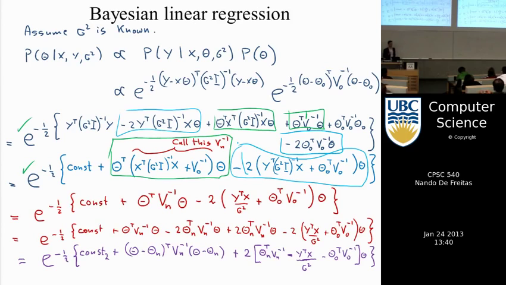Now, in order to simplify writing this, I'm going to call this Vn minus 1. That's just the name I'm giving it, to not have to write the whole thing ever again. And so at the next step, all I'm doing is I'm writing Vn minus 1 there instead of writing the long expression. Everything else remains the same. Sigma inverse is the same as just dividing by sigma squared.